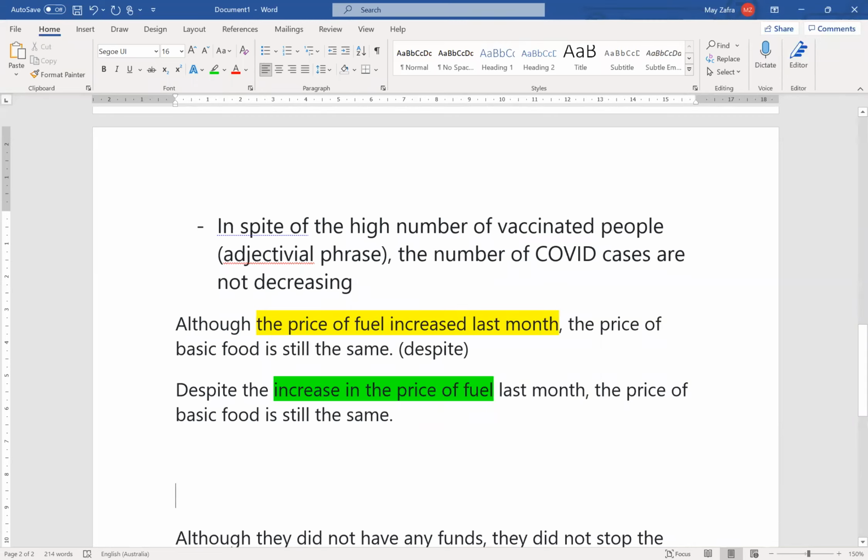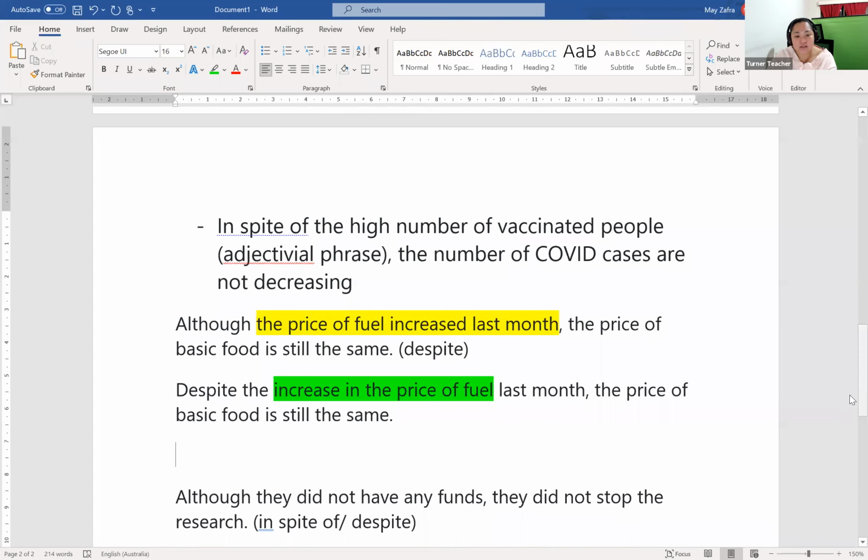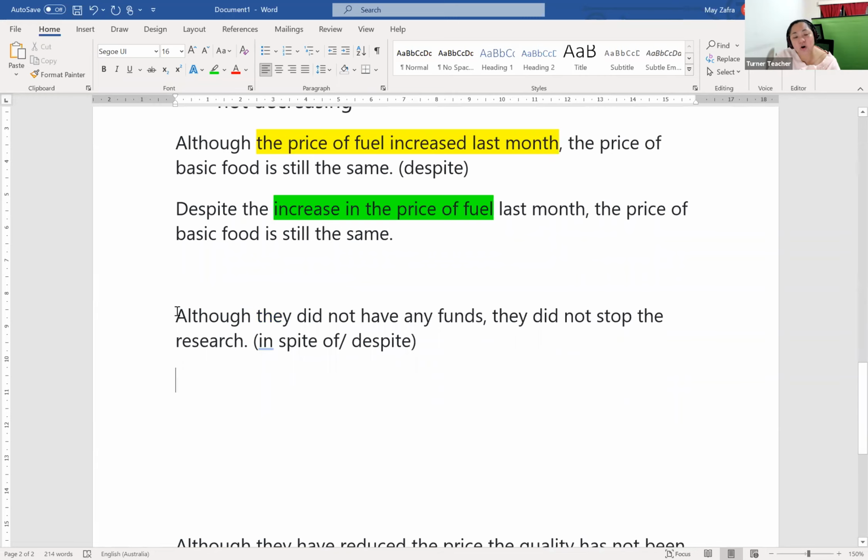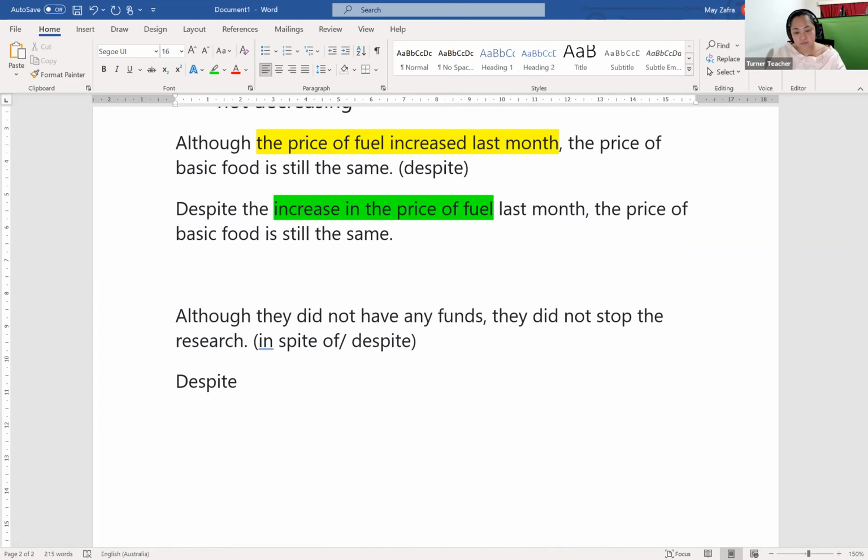Okay. Now, let's try this one. The second one, I just want you to start it with despite. Although they did not have any funds, they did not stop the research. So let's try despite there. Try to rearrange or reword this sentence using despite in the chat box, everyone. Despite first.